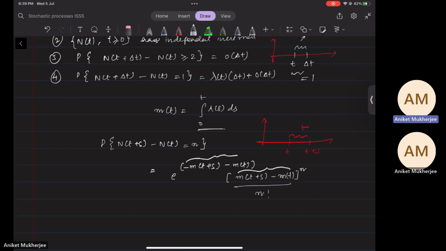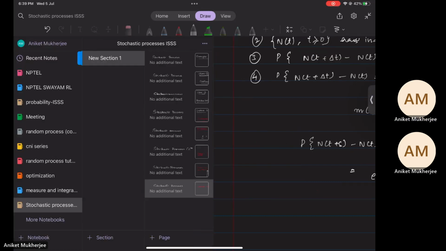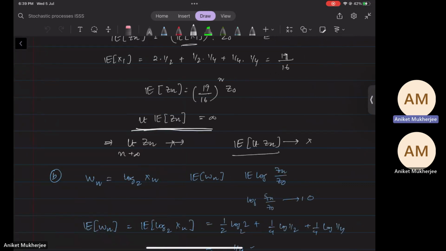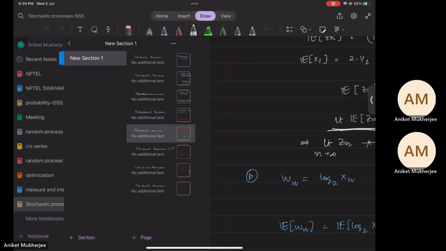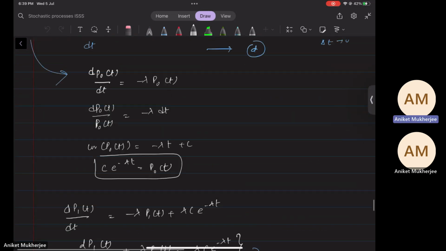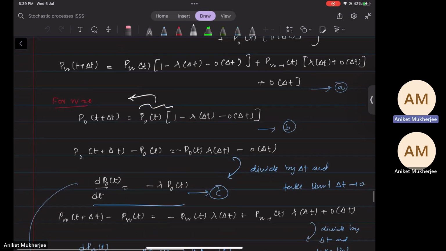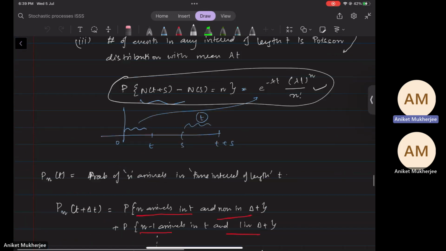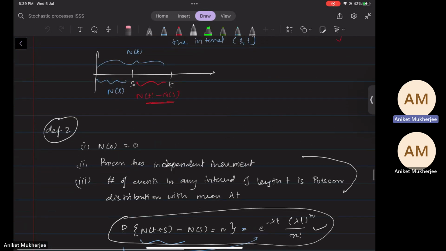So okay, let us go back to, I think we did it in lecture 5. Yeah, we did it here. What we're trying to show is, given definition 2, we're trying to imply definition 1.